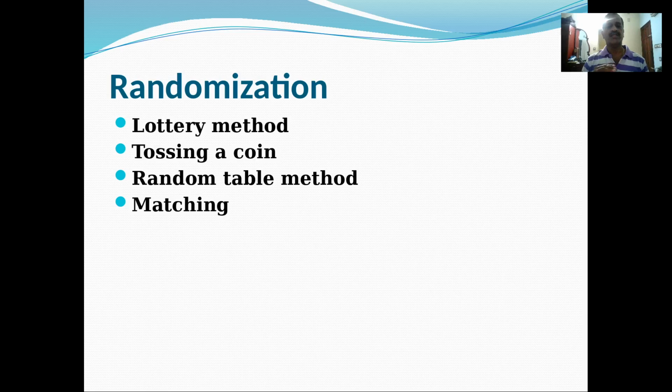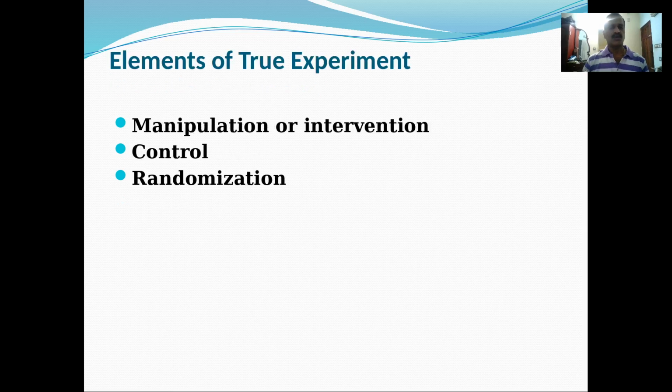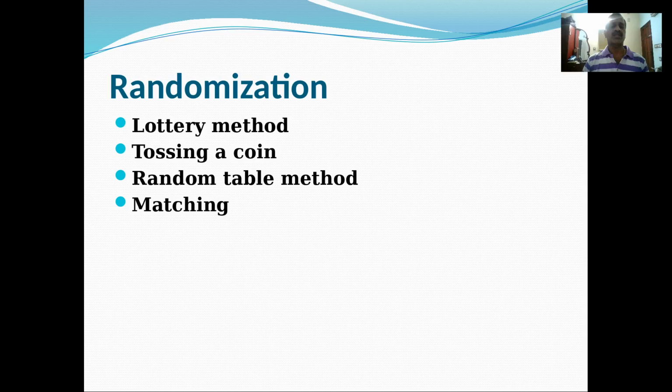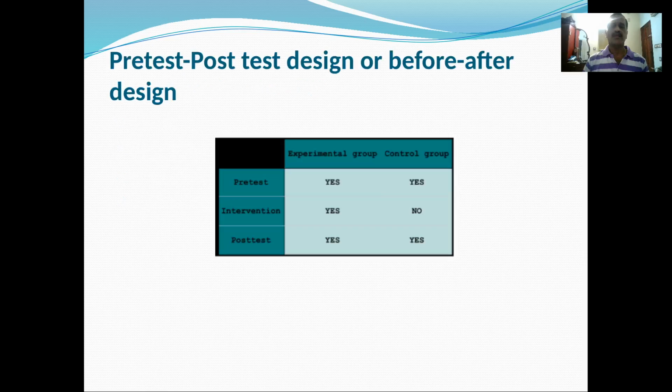The elements are intervention or manipulation, control group and control over variables, and randomization. For randomization, we have four important methods: lottery method, tossing a coin, random table method, and matching.